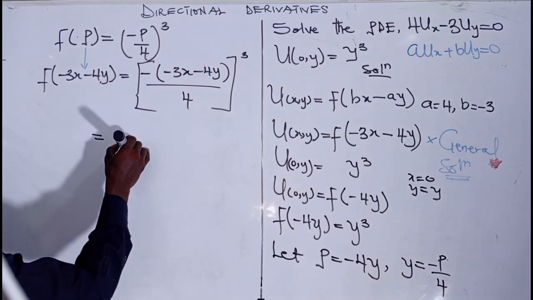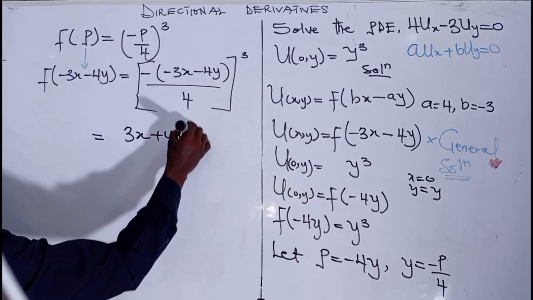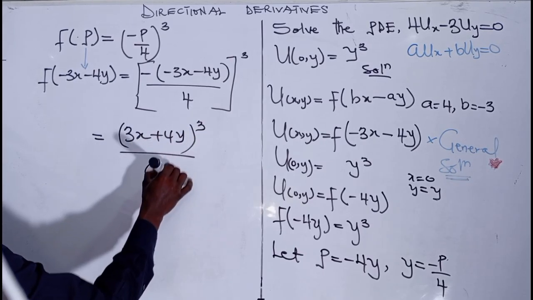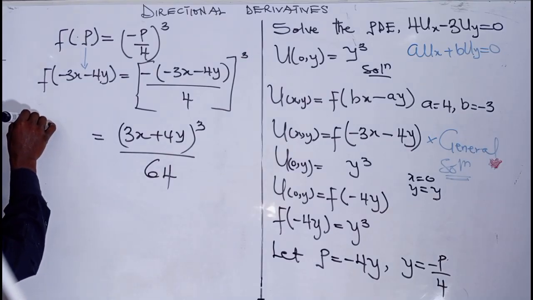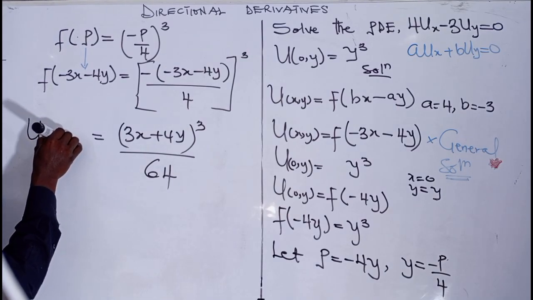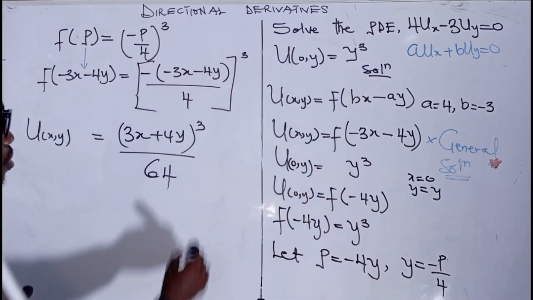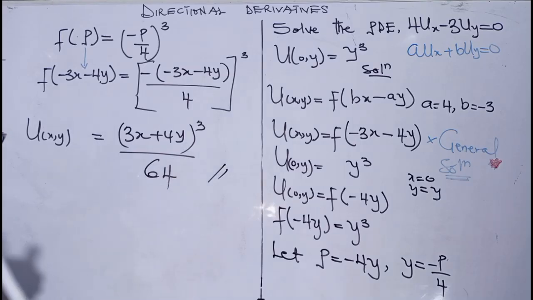So from here, we can write it as 3x plus 4y raised to the power 3 all over 64. Therefore, the particular solution for the given PDE with the auxiliary condition is 3x plus 4y raised to the power 3 all over 64. Very, very easy and simple.